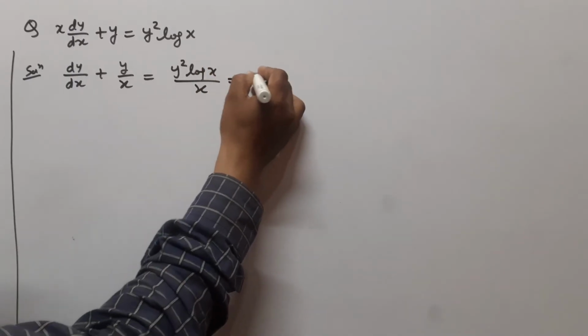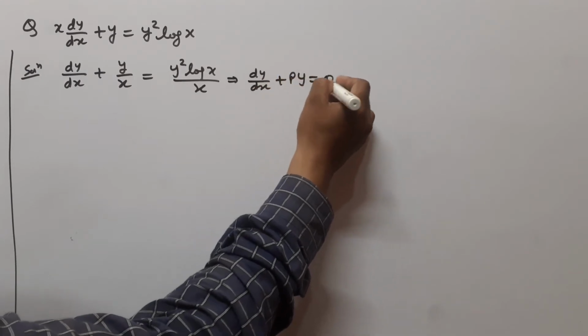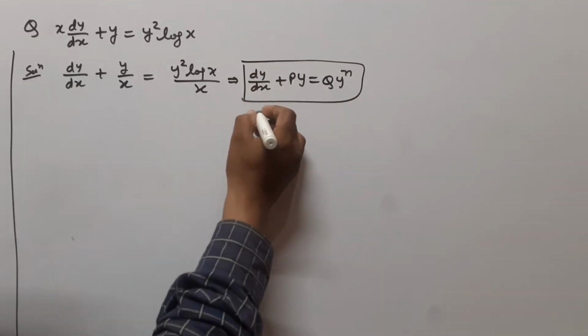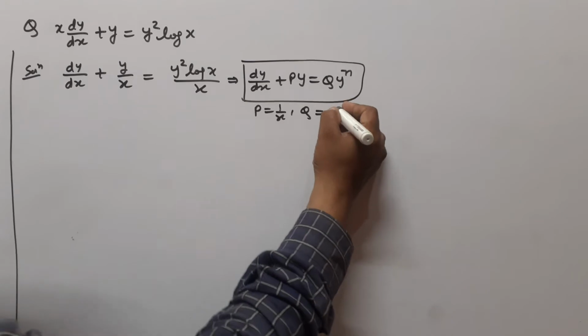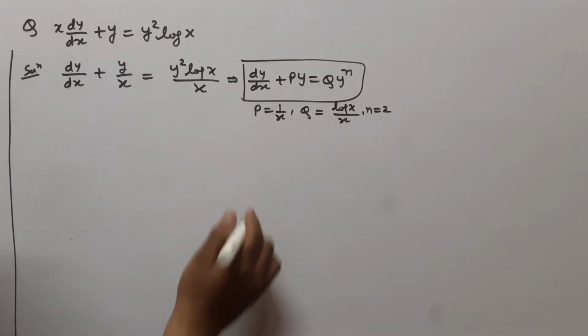We can see this is the equation of the form dy by dx plus py is equal to q y to the power n, where p is 1 upon x and q is log x divided by x and n is here 2.